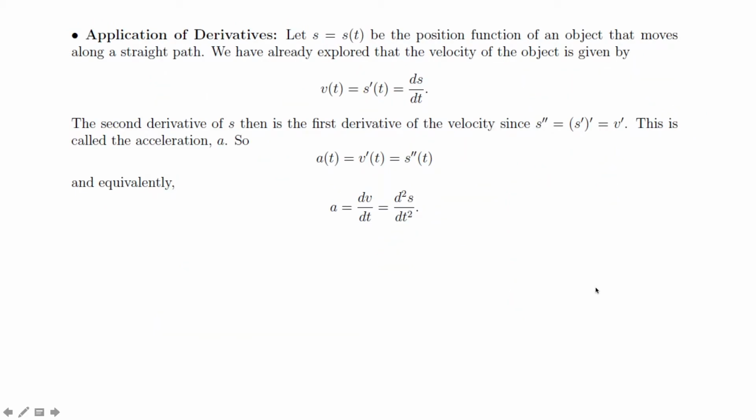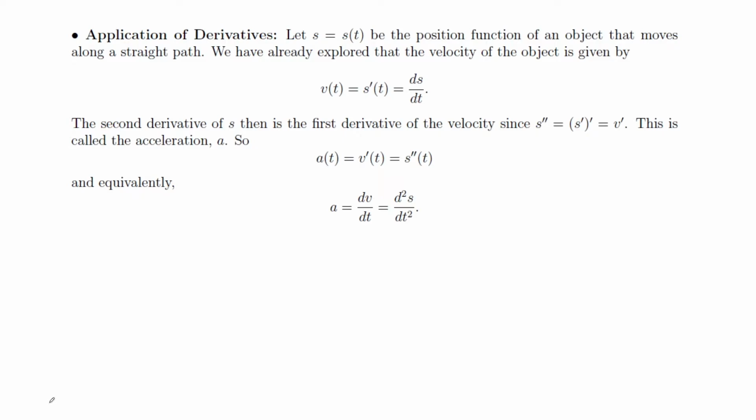All right. So the last piece of this lesson here is I do want to talk about applications of derivatives. Okay, and we've already run into this once or twice, where we talked about how the first derivative of some sort of function that describes motion is going to be velocity, and I'm reminding us of that here.